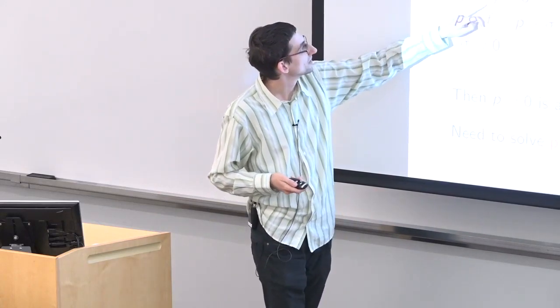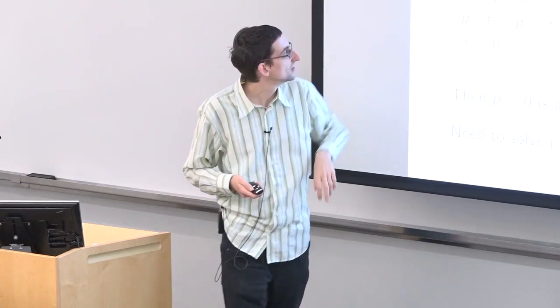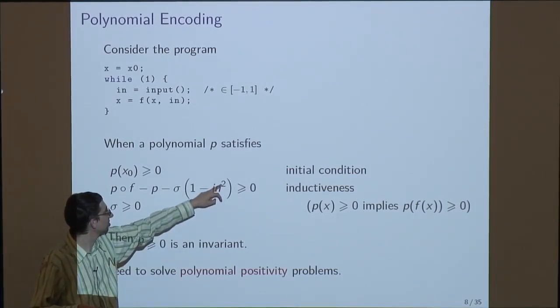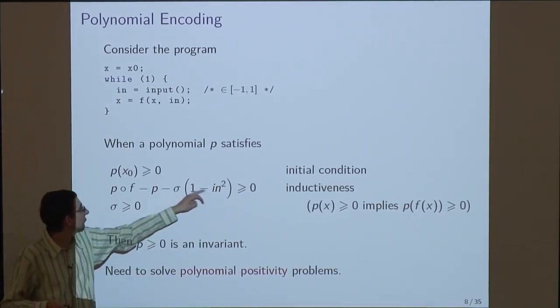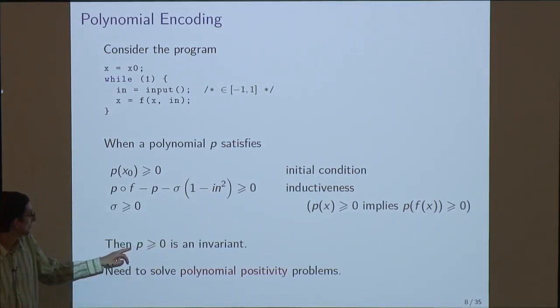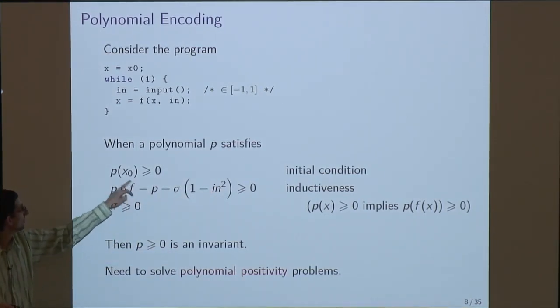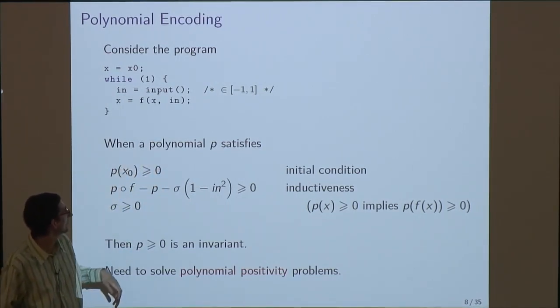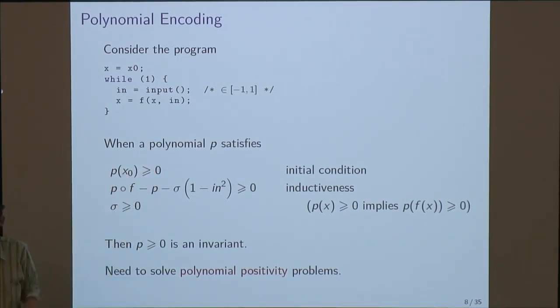So p has to be non-negative for the initial point x0. And if the input is between -1 and 1, then the input squared is less than 1, so this is non-negative. If we assume p is also non-negative, then p at point f is also non-negative if we satisfy this inequality. So we are looking for polynomial p and also this sigma variable that satisfy some non-negativity conditions on polynomials. If we had a way to solve this polynomial problem, we would get an invariant.